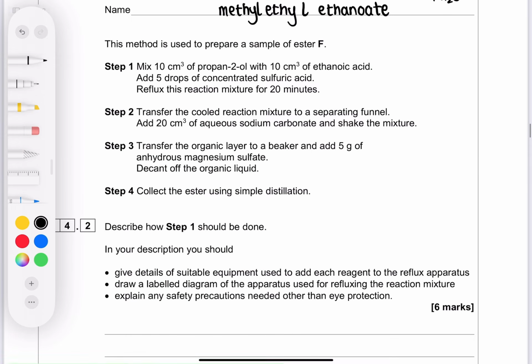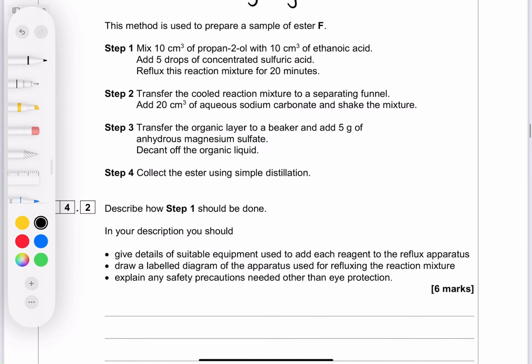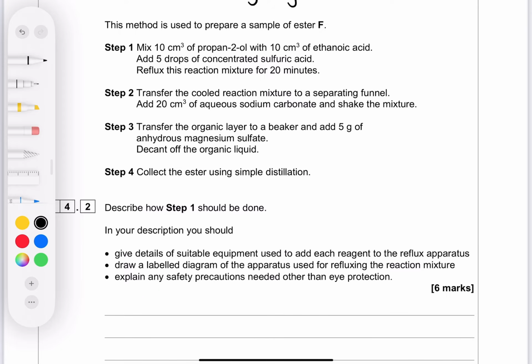This method is used to prepare the sample of ester F. Mix 10 centimetres cubed of propan-2-ol with 10 centimetres cubed of ethanoic acid. Add 5 drops of concentrated sulfuric acid, that's your catalyst. Reflux for 20 minutes. Transfer to a separating funnel, add sodium carbonate and shake. Transfer to a beaker and add 5 grams of anhydrous magnesium sulfate.